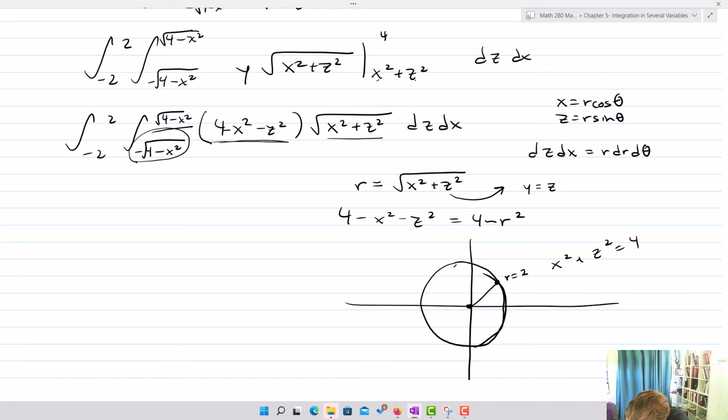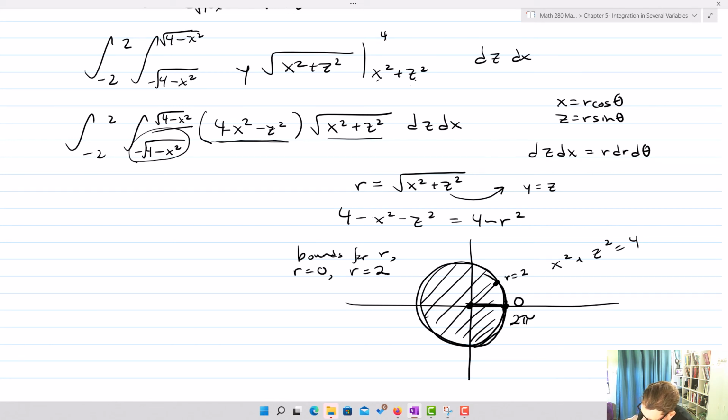So the region here is going to go from r equals 0 to r equals 2. So my bounds for r are r equals 0 to r equals 2. And then we need theta, and theta is going to go from 0 to 2 pi. So those are the bounds for theta.